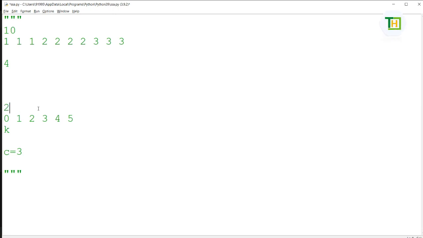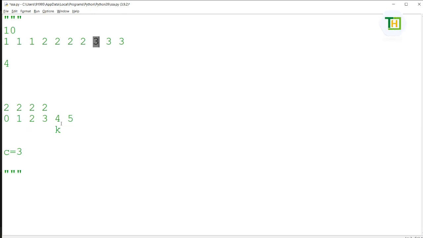Then I'm going to add 2 at this position, and again k is moving here like this, and then the next value is 2, and again I'm going to add 2 here. I'm going to add one more 2, and k is moving here, and then the next value is going to be 3 here. Are 3 and 2 equal?